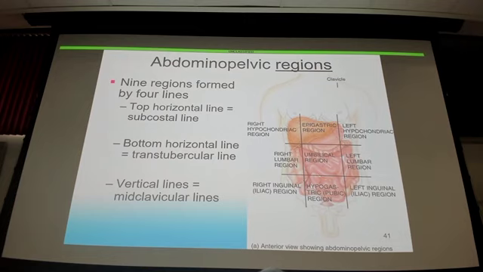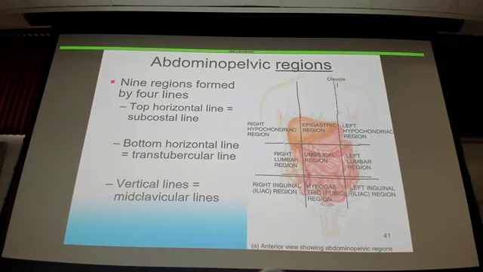You take a horizontal line and run it just below the ribs, which are called costals, so that's your subcostal line. Then you have a transtubercular line, where you draw a line across the tubercles out on the femurs. And then you do 2 midclavicular lines coming straight down through the middle of the clavicles.